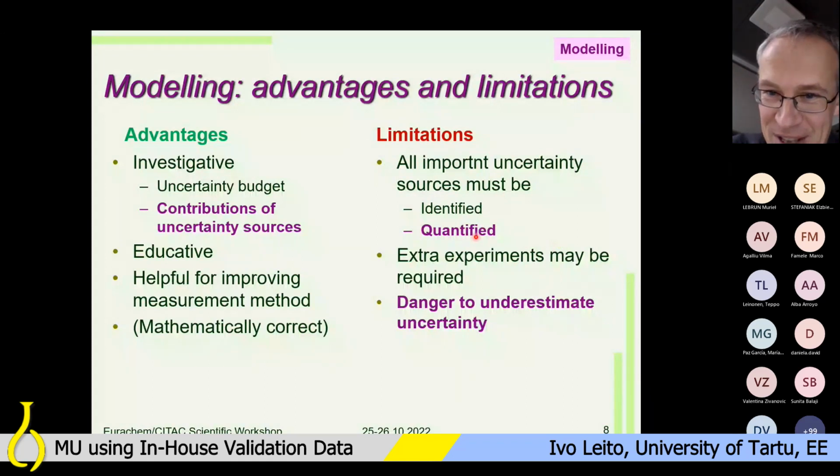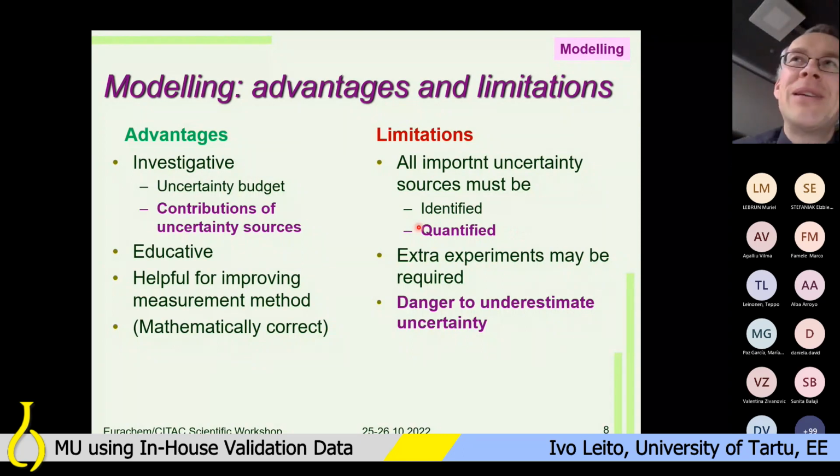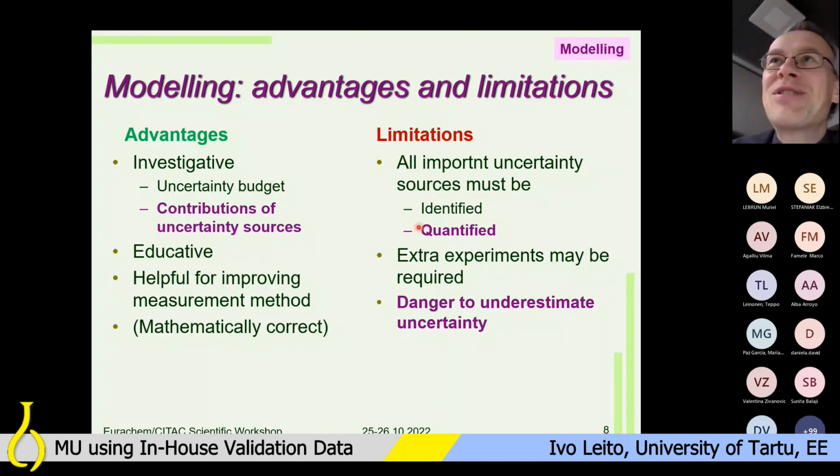And this latter thing can be quite difficult sometimes. For example, suppose you have something like contamination, sample carryover, partial decomposition of the analyte. Very, very important effects. Not so easy to investigate and quantify.